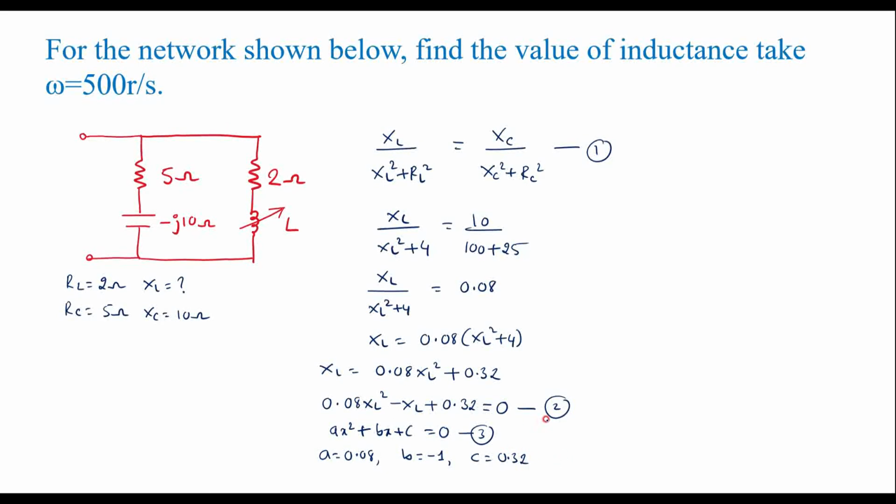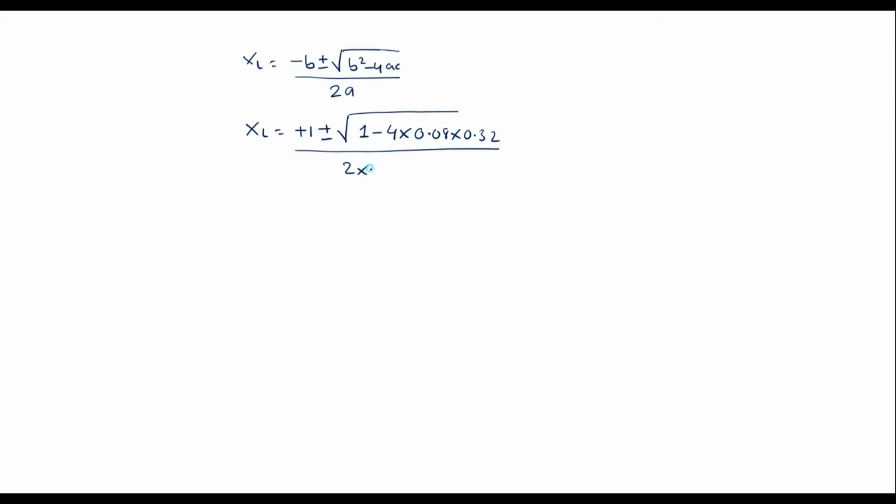Now solving the quadratic equation 2, I can write XL is equal to minus b plus or minus square root of b square minus 4ac divided by 2a, that is XL is equal to minus b value is minus 1, so it is plus 1 plus or minus under root b square, that is 1 square is 1 minus 4 into a value is 0.08 into c value is 0.32, whole divided by 2 into 0.08.